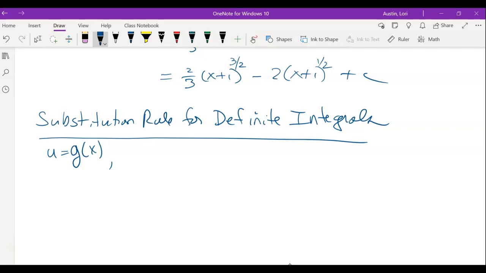Your g prime, which is your u prime, basically, your du part, must be continuous. So g prime. Because we are now putting boundaries in, it has to be continuous on that boundary.